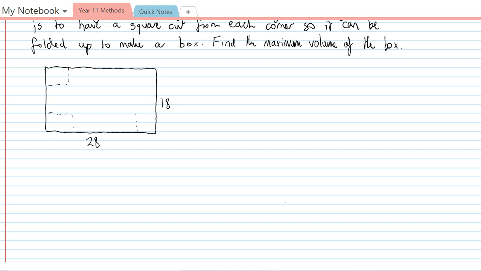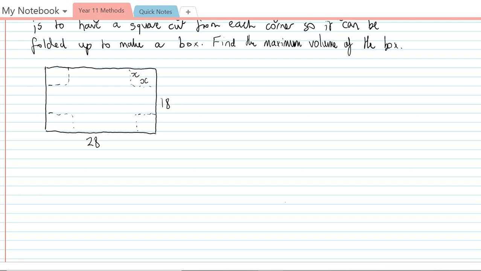Now, it doesn't say anything about how big those squares are, but obviously they'll have to be the same size so that when it folds up, we'll actually make a box shape. And because I don't know what the length is, I'm going to call those lengths x and x.